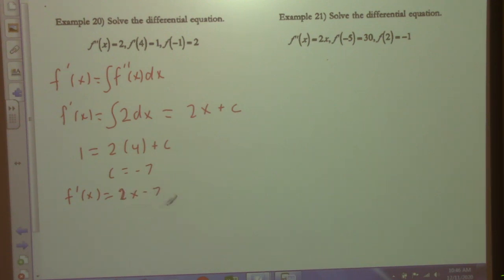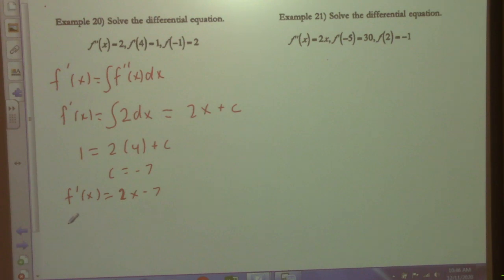Okay, what do we do with this 2x minus 7 now? Hannah is telling me the mechanics of it, so that's good.